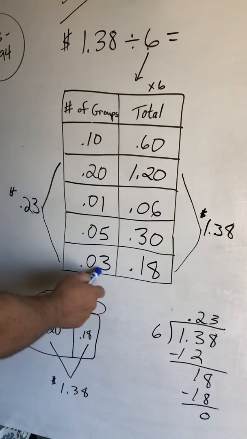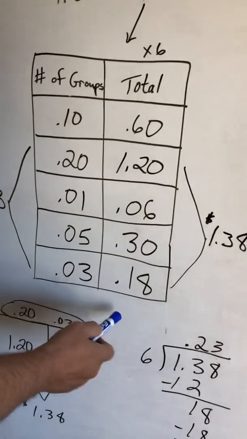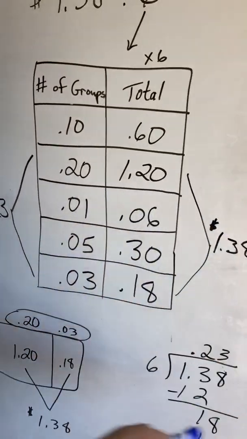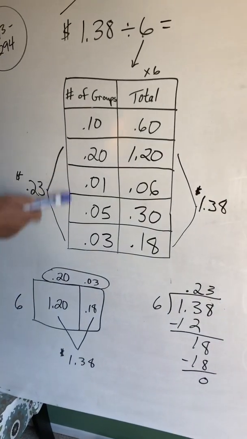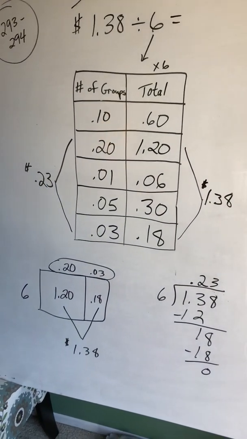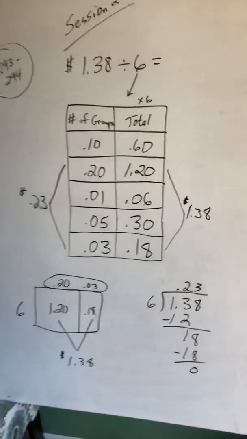And then I did this one down here, 0.03 times 6 is 0.18. Boom, there you go. $1.20 plus 18 cents is $1.38. 20 cents plus 3 is 23 cents. It's 23 cents per stick of gum.